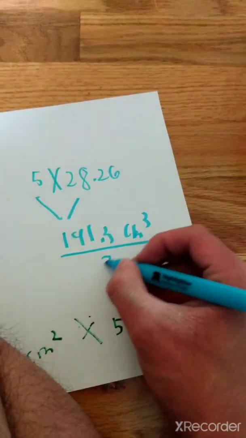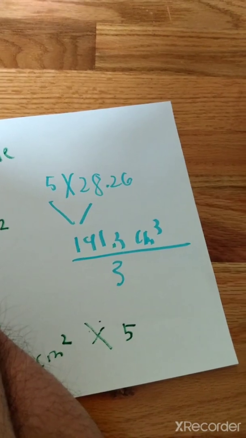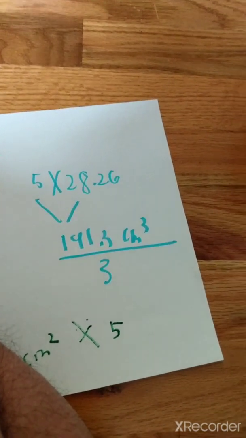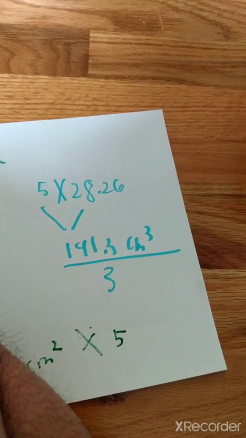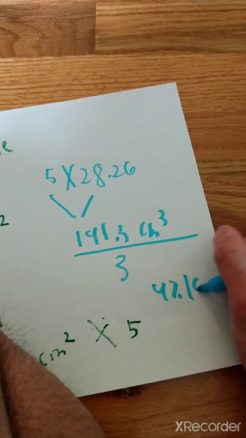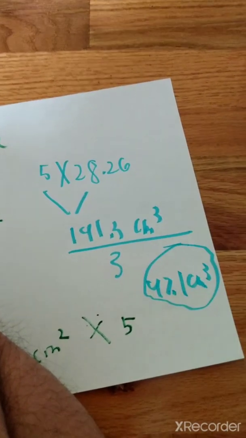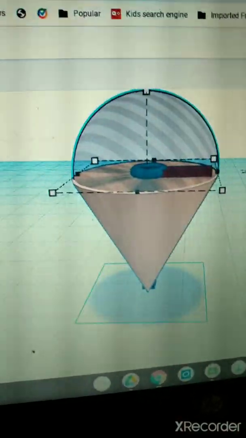So we have to divide this answer by 3. 141.3 centimeters cubed divided by 3 is going to be equal to 47.1 centimeters cubed. That is going to be our answer for the volume of the cone.